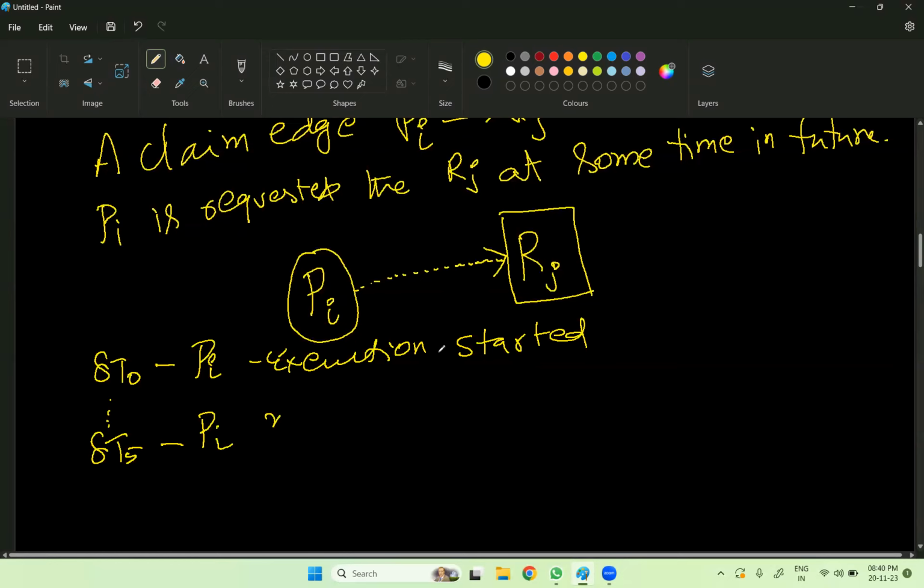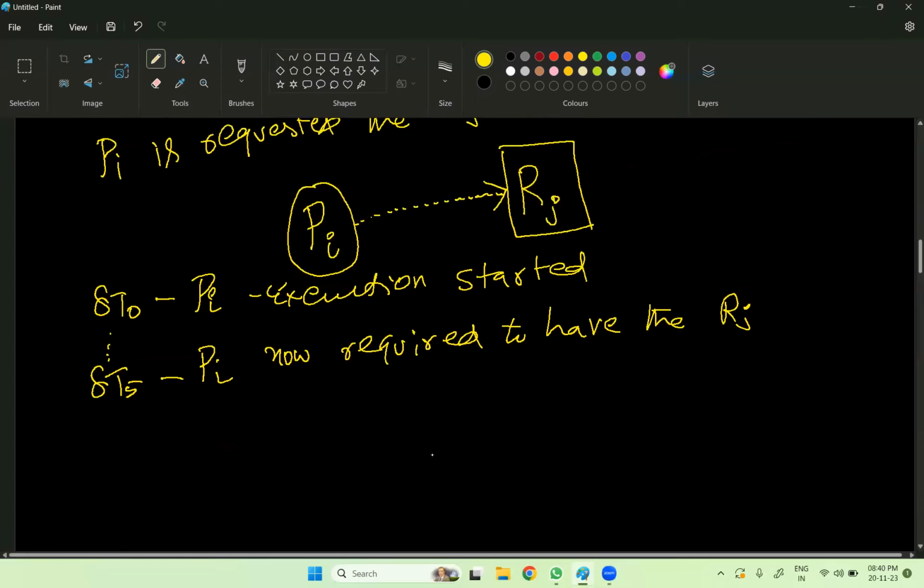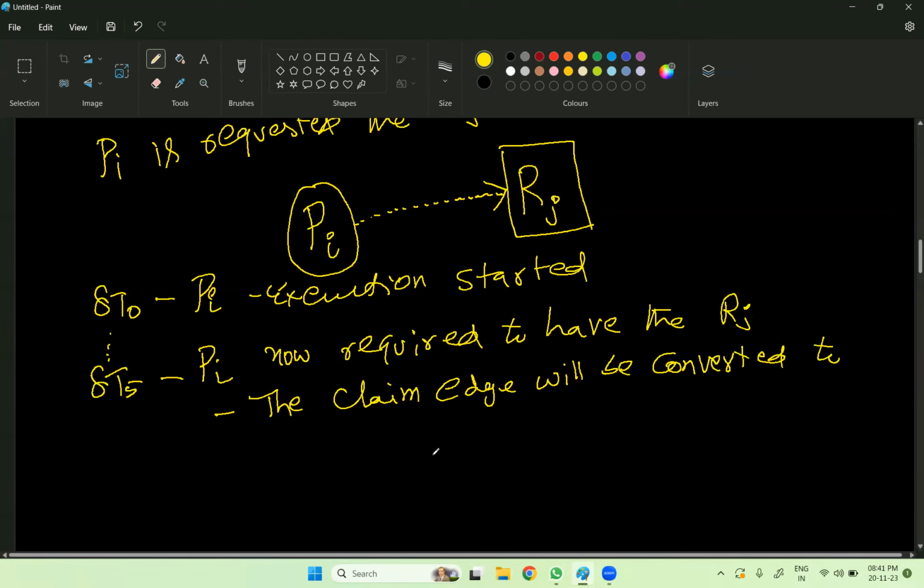Now Pi requires the resource type Rj. What exactly is going to happen here? These are the steps to be done. When a claim edge is required by any particular process, number one, the claim edge will be converted to a request edge.